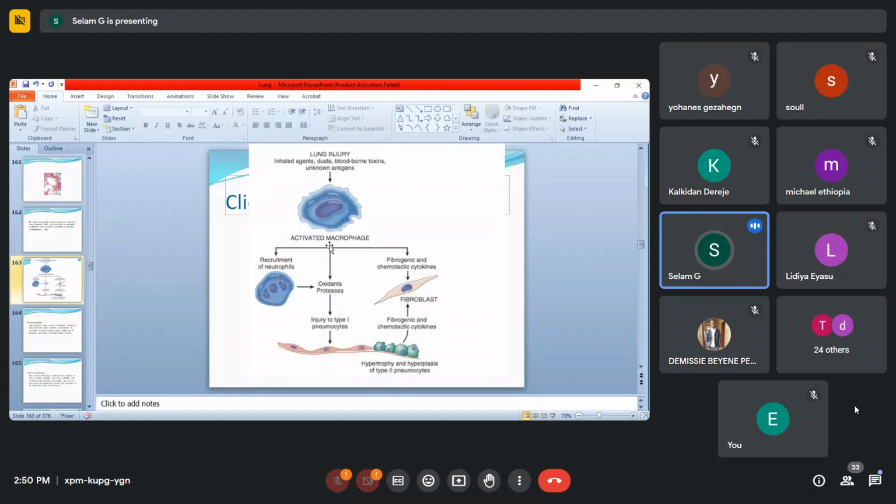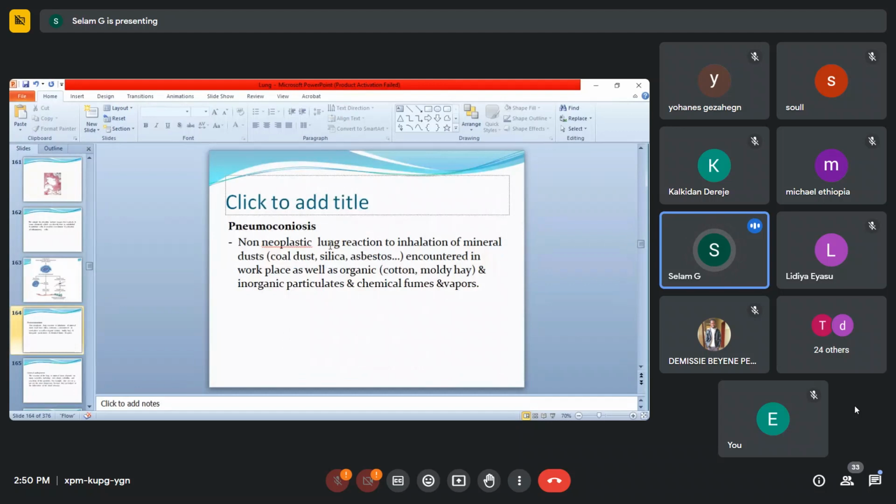The activated macrophages release neutrophil chemotactic factors, oxidants, and proteases, causing injury to type 1 pneumocytes, and fibrogenic and chemotactic agents are released by this macrophage. Hypertrophy and hyperplasia of type 2 pneumocytes, and fibroblastic proliferation occurs.